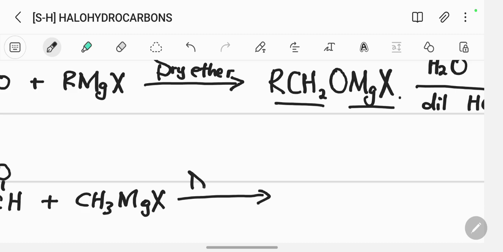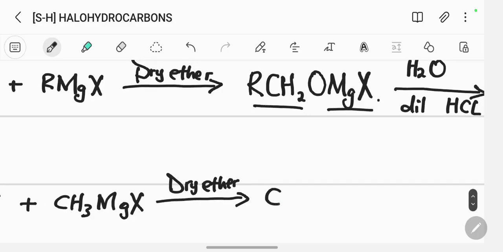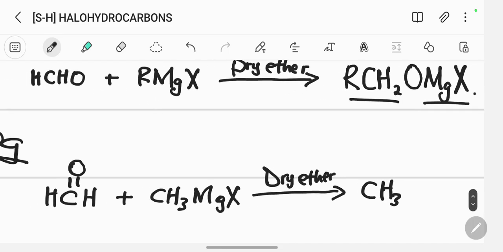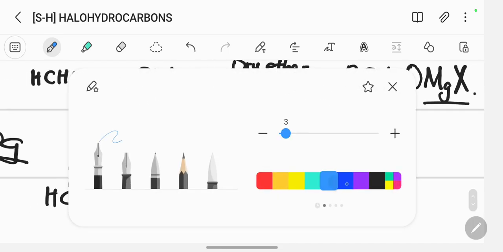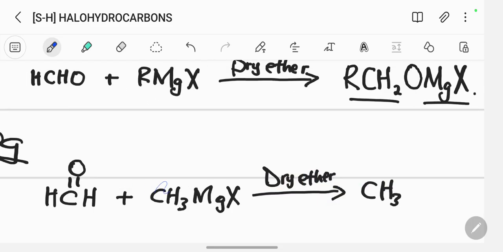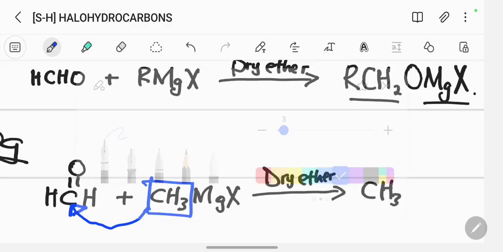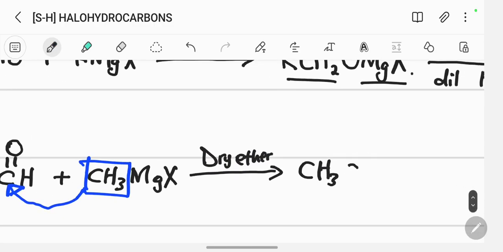Dry ether, we end up with CH3CH2O. So what Grignard does, it gets the alkyl and adds it to that carbon atom. So this is what I mean. The alkyl is added to the carbon atom.